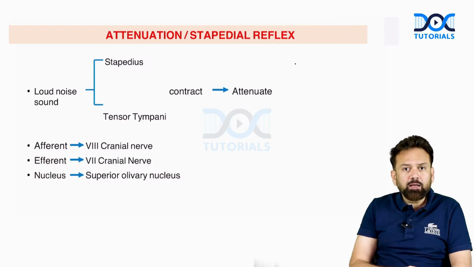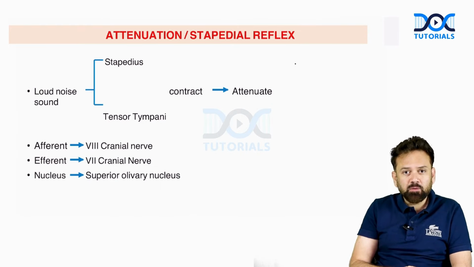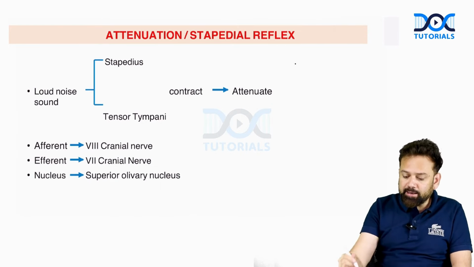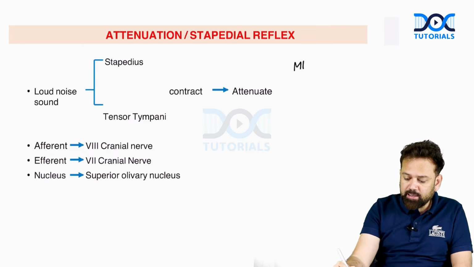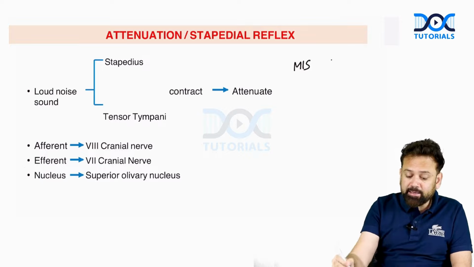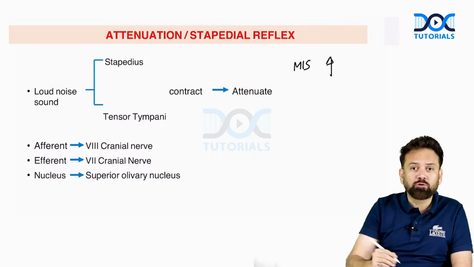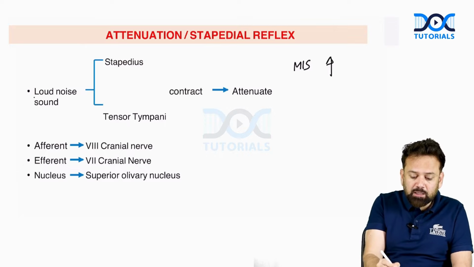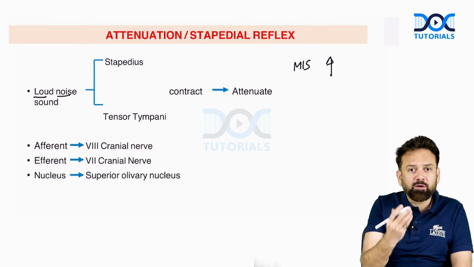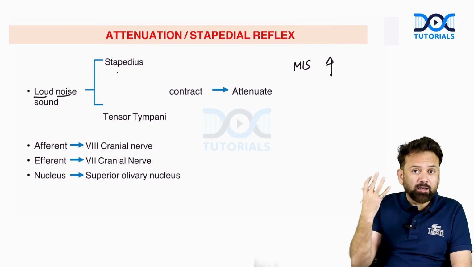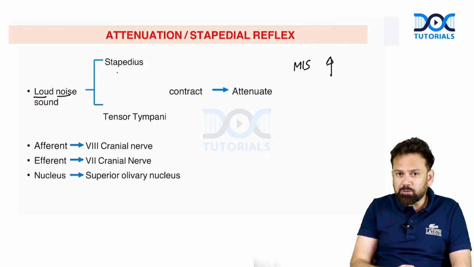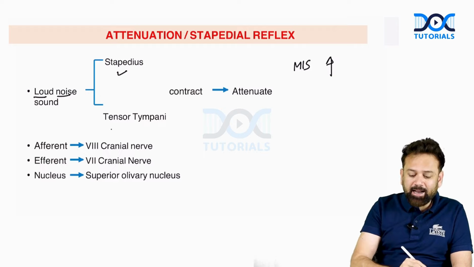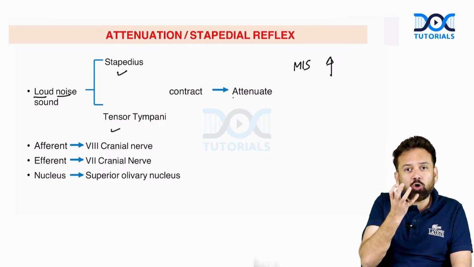Now, the middle ear also has some function. What is that? Normally the arrangement of malleus, incus, stapes is such that it increases the sound. But when there is a loud noise coming from outside, this can be dangerous to the inner ear, isn't it? So, stapedius muscle and tensor tympani muscle will contract.